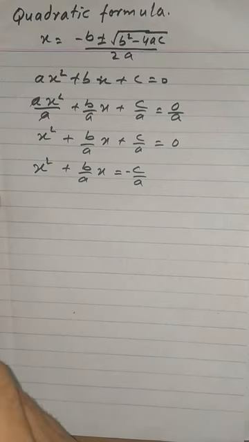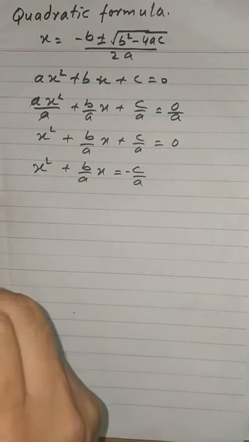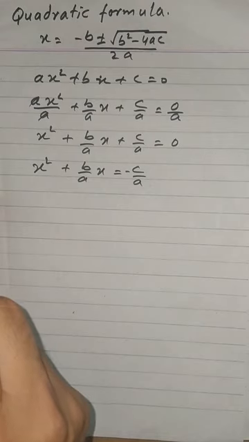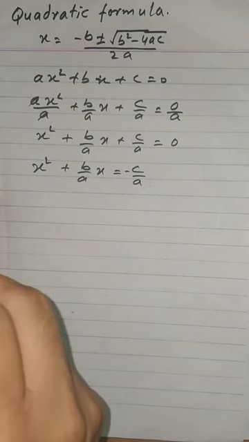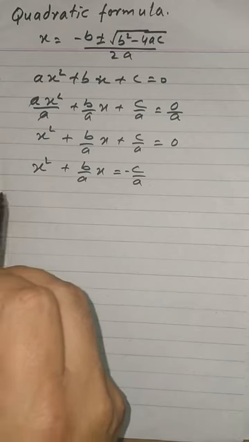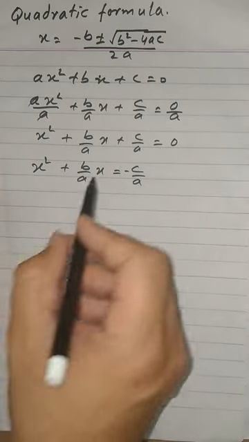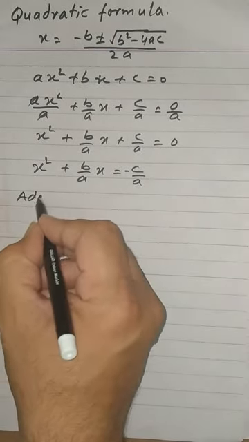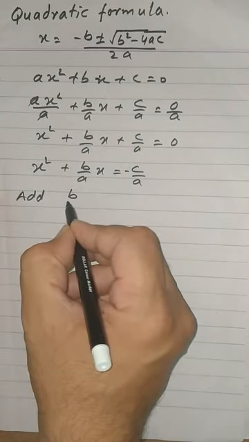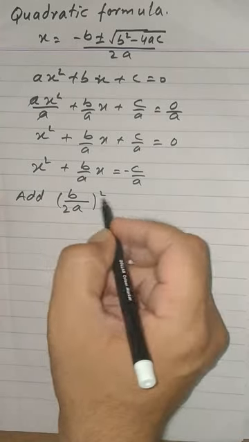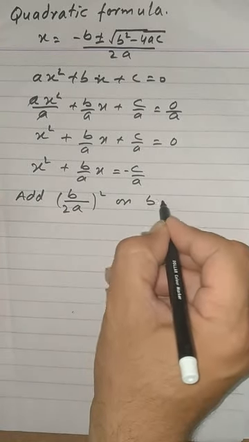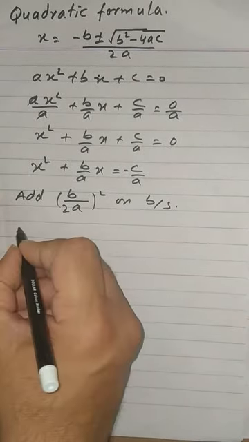Now the next step is to add the half square of the coefficient of the linear term. So add b divided by 2a whole square on both sides.